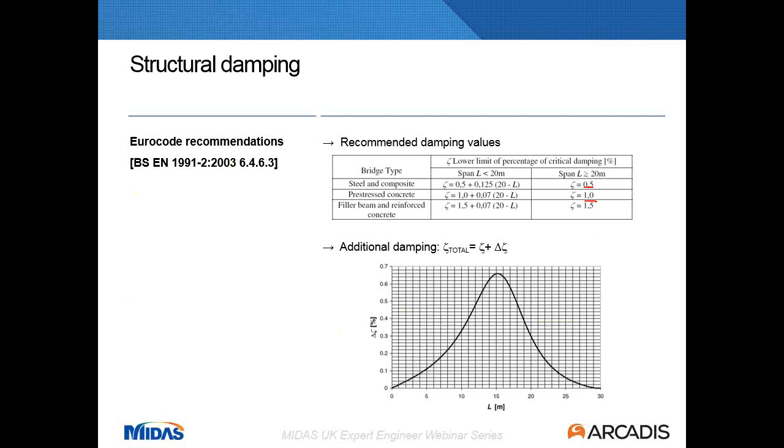Which structural damping is better to be considered for dynamic analysis? Modal damping or mass and stiffness proportional damping, Rayleigh damping? Will there be a considerable difference in response based on the damping method chosen?